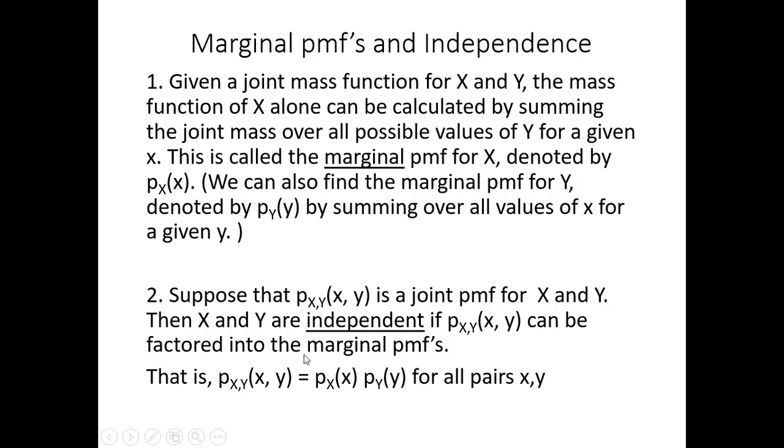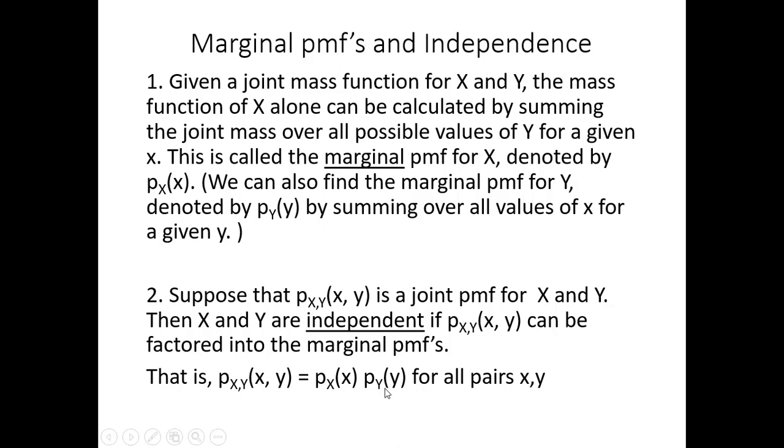So what one has to do if you're given the joint PMF is not only factor it, but make sure when you factor it, the two factors are indeed the marginal PMFs. And this type of equation must hold for all pairs x and y. So if you're proving two random variables are independent, you have to show that this factors, and these are in fact the PMFs for x alone and y alone.